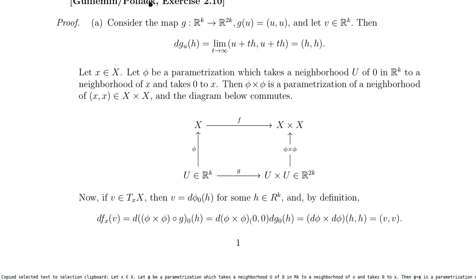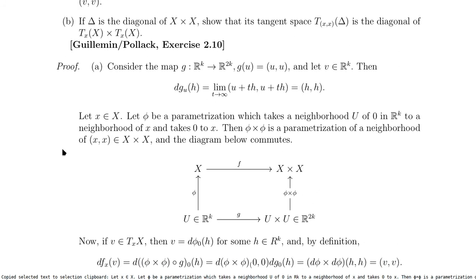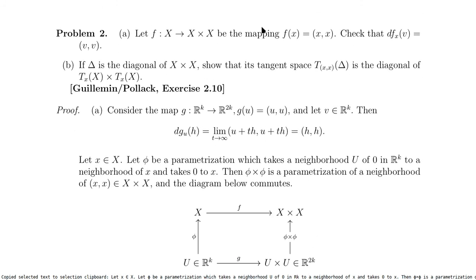I think the second one is a bit weird. The second one would be the diagonal map. Delta is the diagonal map, and we have to show that the tangent space is the diagonal of the tangent space.